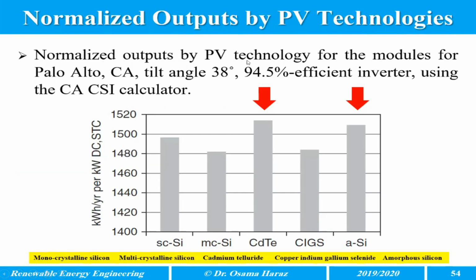These are the normalized outputs by different PV technologies for modules at Palo Alto, California, tilt angle 38 degrees, 94.5 percent efficient inverter, using this CSI calculator. We can see that the best performance is for CdTe or cadmium telluride, and then amorphous silicon, and then different types of modules.